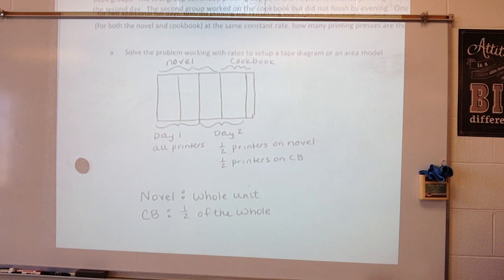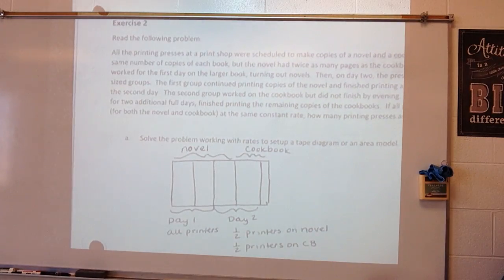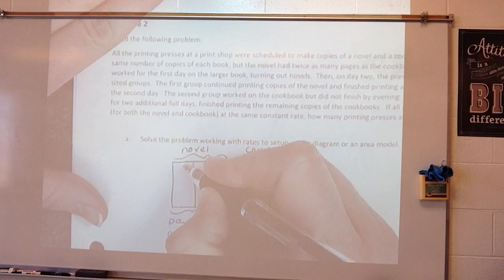Each of the small rectangles in the picture represents how much of the whole novel job one printing press can do in one day. Drawing in small rectangle units for the rest of the diagram, we see that 8 printing presses worked on the novel. So we're going to divide this into fourths.